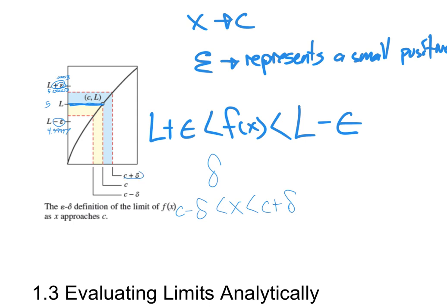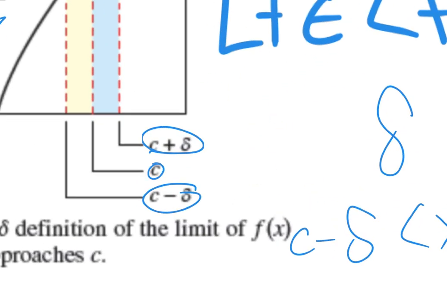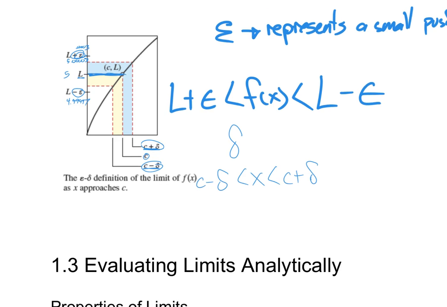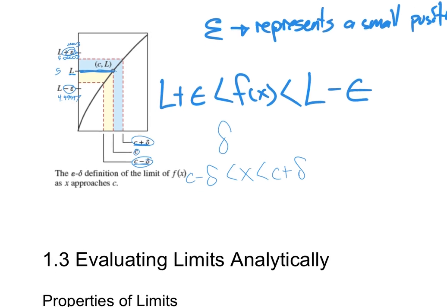And that's what we see here. We have the C plus delta and C minus delta. So as our x approaches this C, as it gets within this small interval, then f of x gets within this small interval. That's all we're saying. That's the formal definition. Well, let me write it for you.